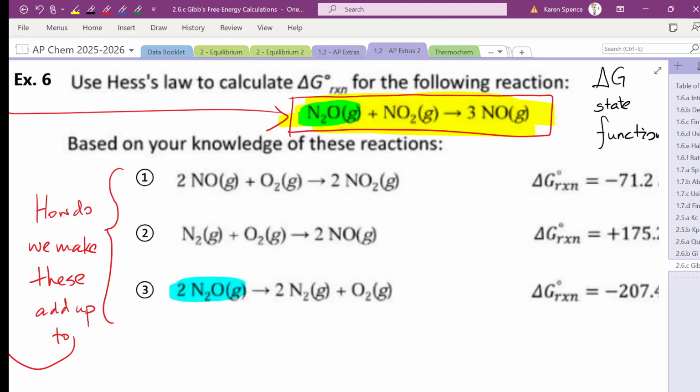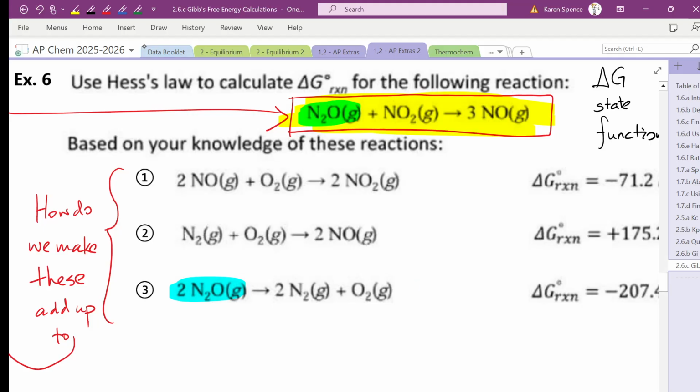So what would I have to do to this reaction before I could use it? I'm going to half it, okay? And yes, you could say divide by 2. I'm going to say multiply by a half, and you'll find out why later, just because it comes in handy later when you're doing stuff with KEQ. If you want to divide it by 2, that's fine.